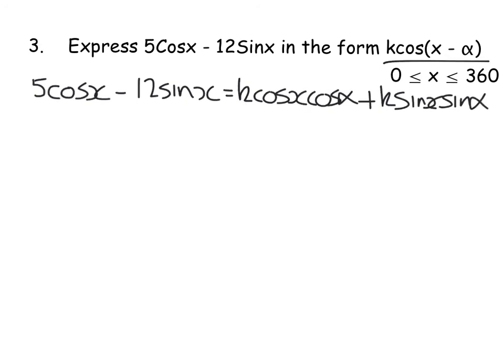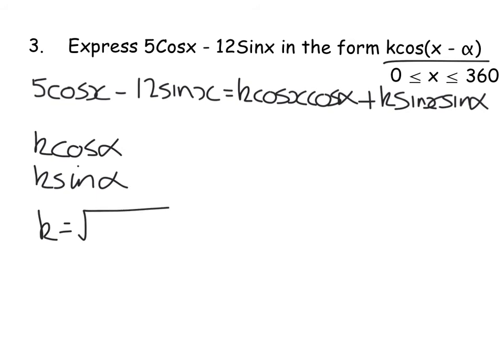Okay, so we're going to work out what k cos alpha is and what k sine alpha is. Then we're going to find k by doing a bit of Pythagoras. And I'm going to go do my underlining now. So cos is with cos, and cos is with 5. So k cos alpha is 5.